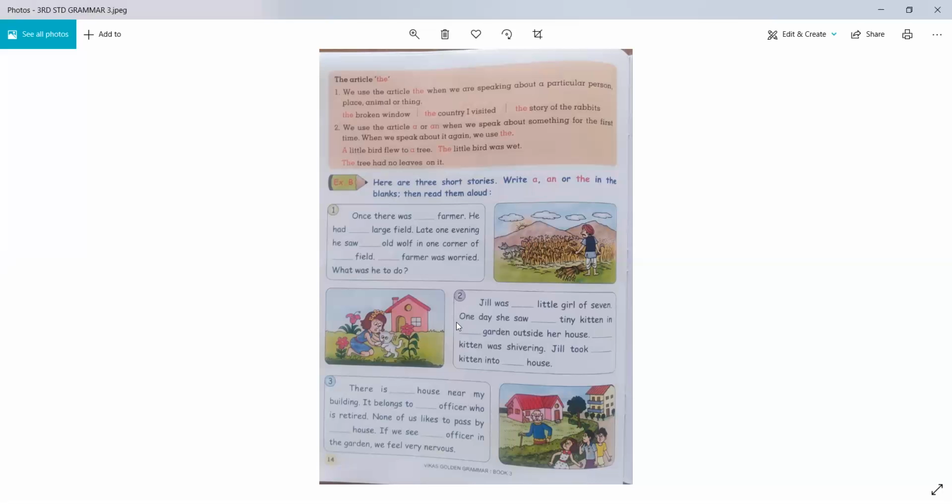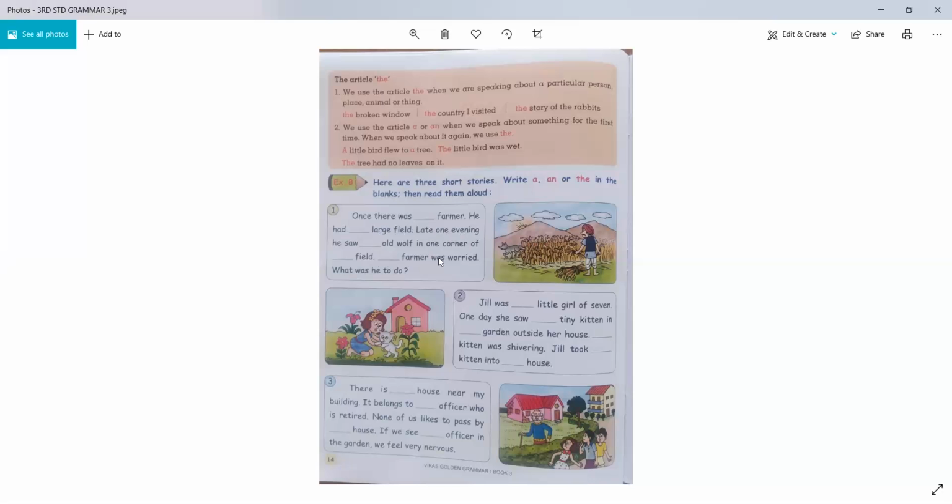Once again, shall I repeat the same thing? This story: once there was a farmer. He had a large field. Late one evening, he saw an old wolf in the corner of the field.